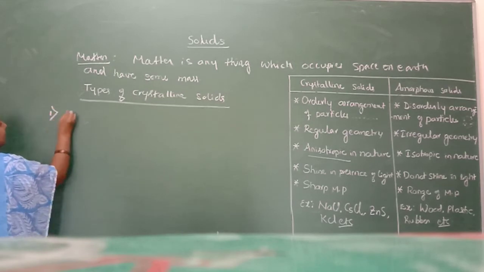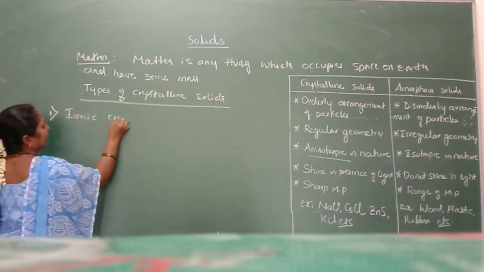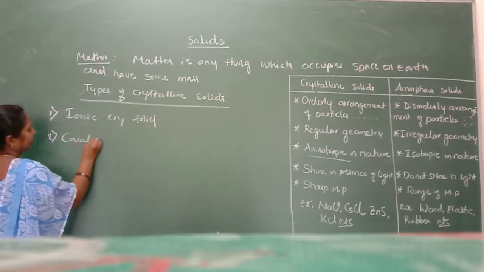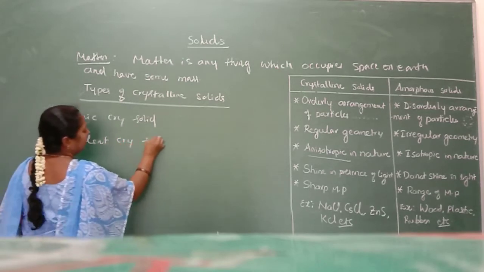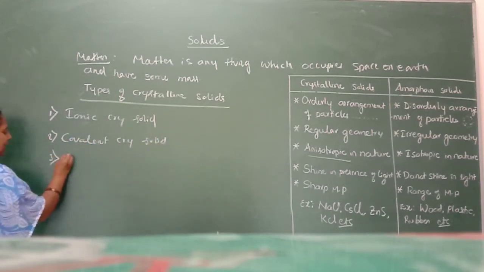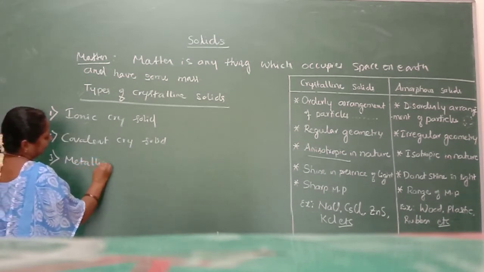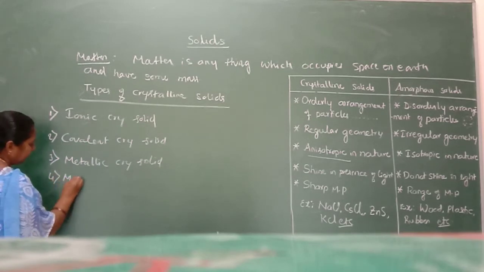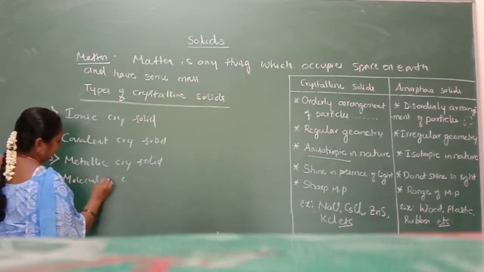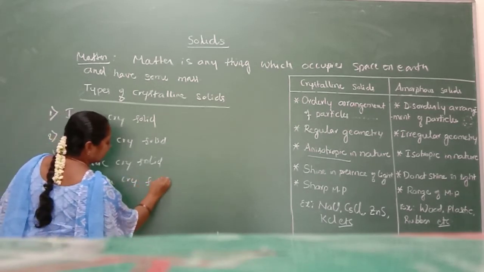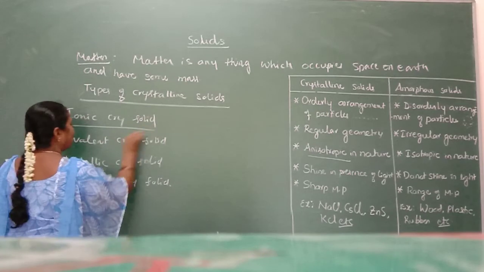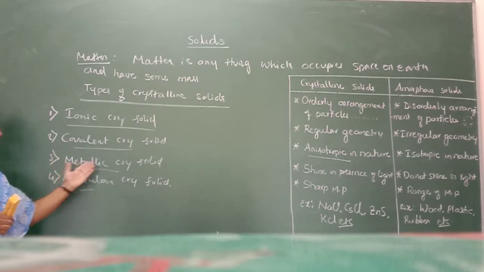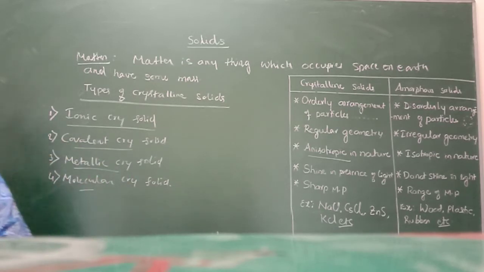The first one is ionic crystalline solid, the second one is covalent crystalline solid, the third one is metallic crystalline solid, and the fourth one is molecular crystalline solid. So let us study one by one: what is an ionic crystalline solid, what is a covalent crystalline solid, what is a metallic crystalline solid, and what is a molecular crystalline solid.